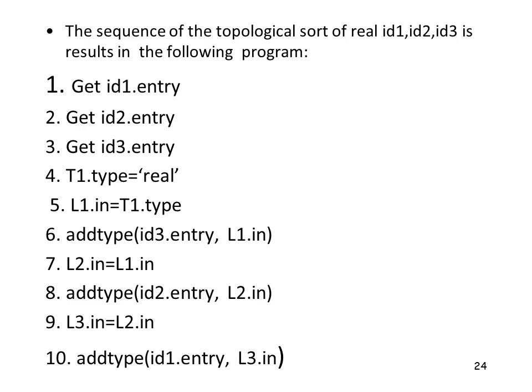Here, the value of the attribute real will be stored for each of id1, id2 and id3 in the symbol table.